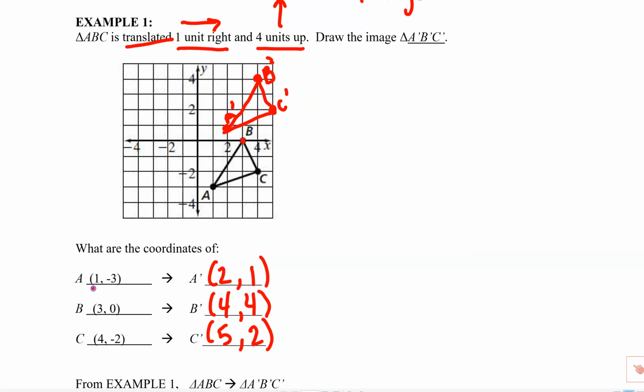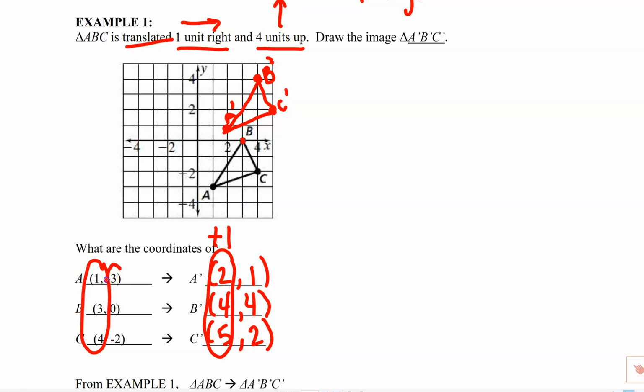Well, if we look at the X to the new X, what can you tell me happened? From 1 to 2, what happened? From 3 to 4, what happened? And from 4 to 5, what happened? Well, if you see, they all went up 1. So they all were added 1 to get the new point. So this is where you see the 1 unit to the right.